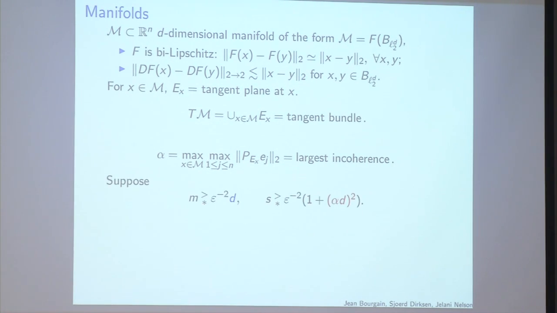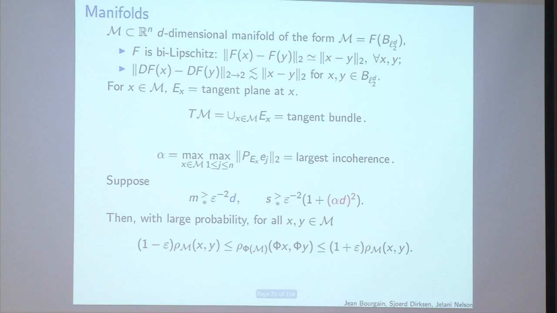Okay, and then what you can show is that if you choose the embedding dimension to be epsilon to the minus 2 times, well, let's say the intrinsic dimension of this manifold, so this is a d-dimensional object, and s, the column sparsity of this sparse Johnson-Lindenstrauss transform, to scale like alpha d squared, then you preserve geodesic distances, so intrinsic distances on a manifold, up to an epsilon.